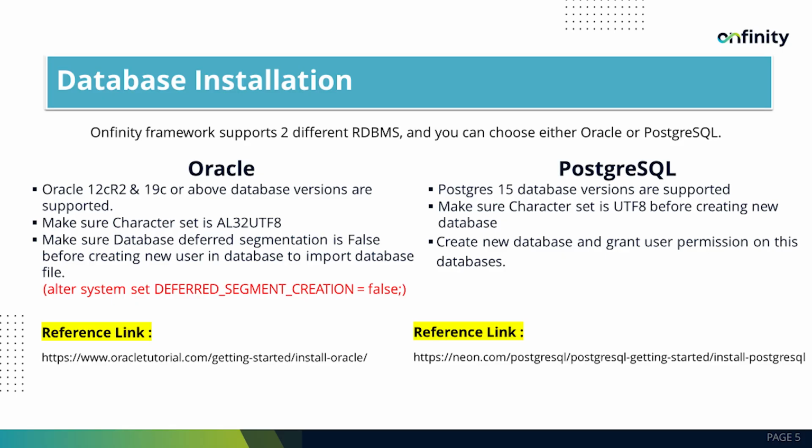After that, create a new database and grant the required permissions to the database user, who will be used by the Onfinity application. For the detailed installation and setup process of PostgreSQL, you can follow the reference documentation provided in the link. Once the database prerequisites are completed, we can proceed with the database setup and application deployment steps.